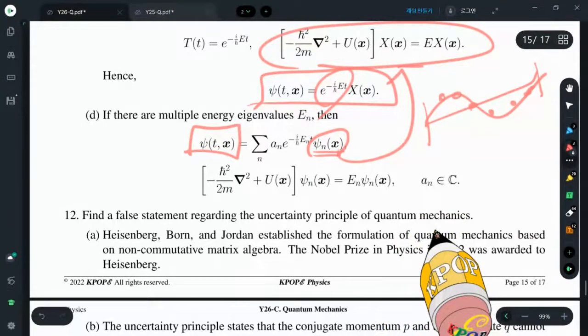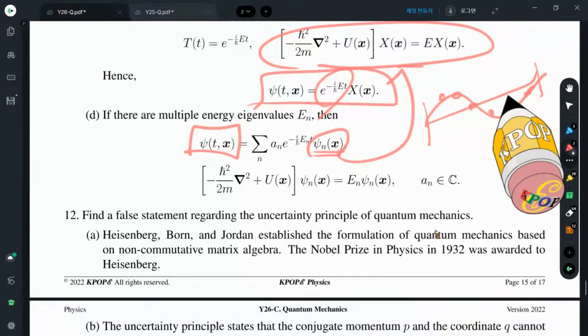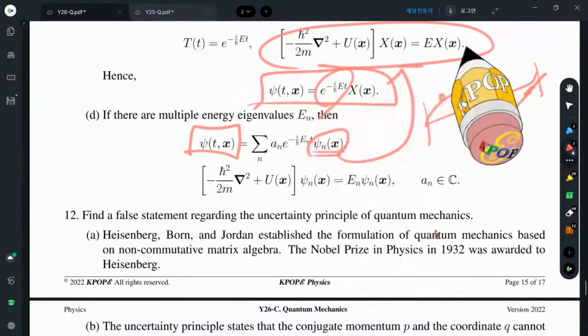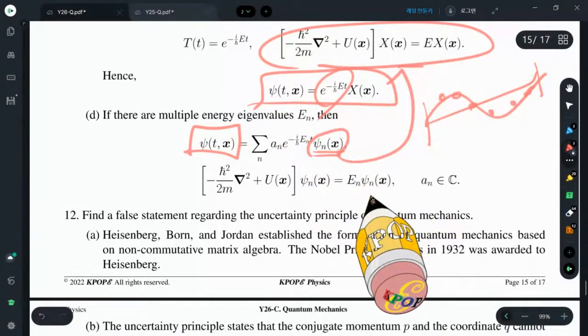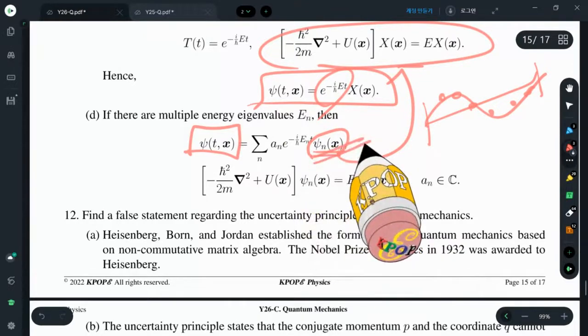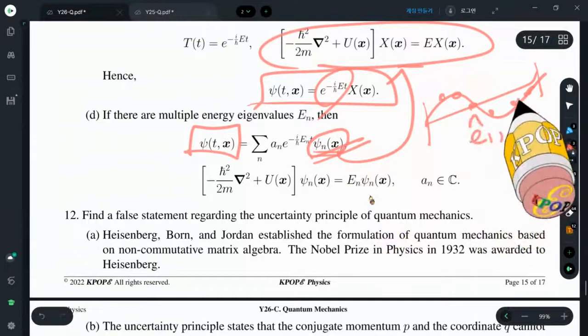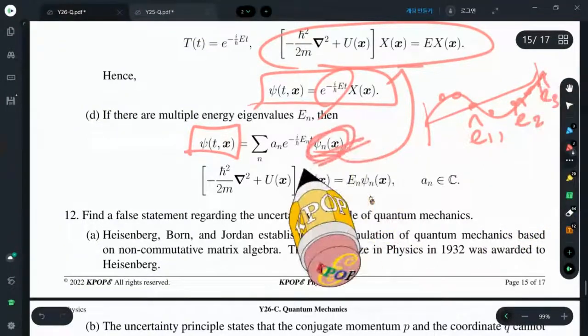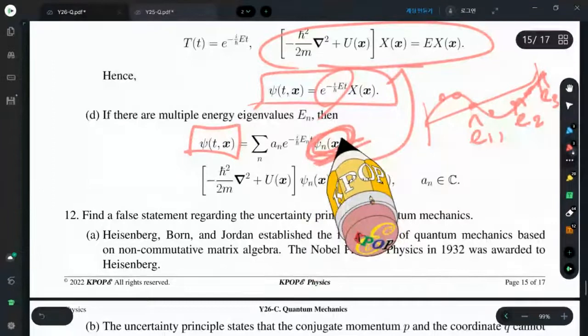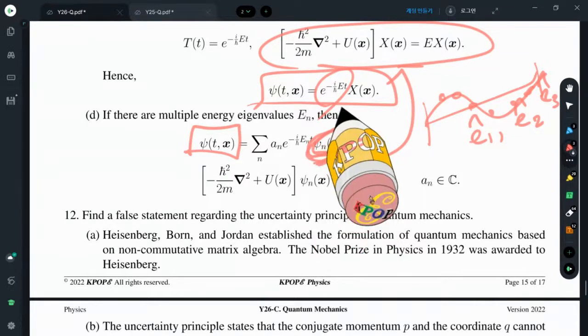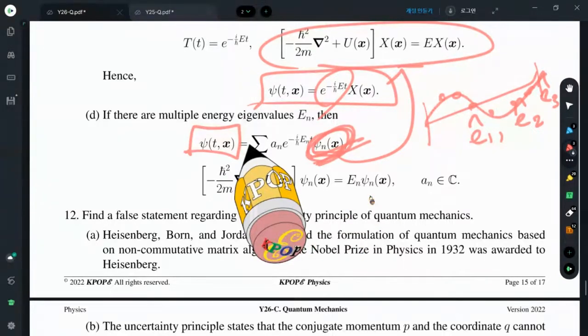Just like that, all of the normal frequencies contribute to this equation, and we have many solutions, and these are actually the basis, just like the basis of the Cartesian coordinates. These phi n's are the basis of Hilbert space. Hilbert space is the space of wave functions.